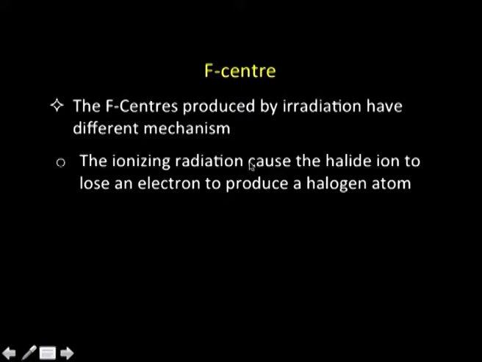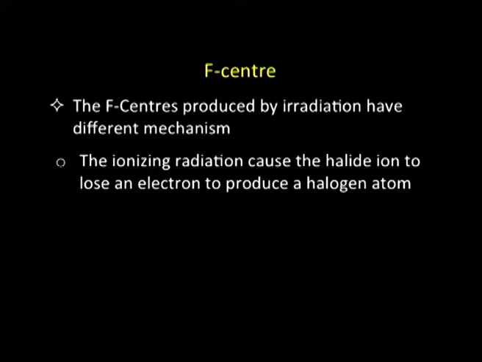The ionizing radiation causes the halide ions to lose an electron to produce a halogen atom. That means, we have an alkali metal ion and a halide ion, and the halide ion loses an electron and becomes a halogen atom.